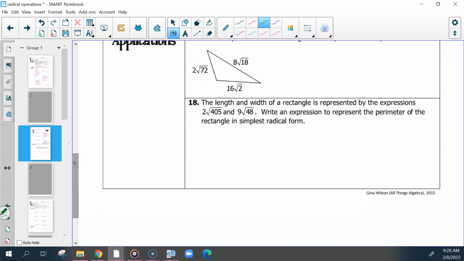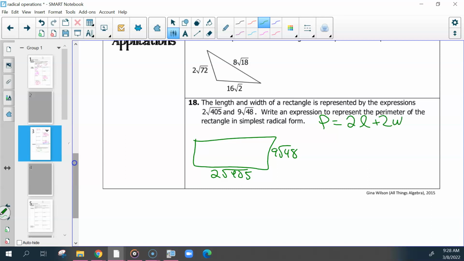One, they're only giving you 2 sides, so if I were to draw a rough sketch of this, you have to remember that there are 2 other sides, so you're going to be adding this up 4 times. Or, if you were doing the perimeter equation, you could multiply both by 2 once you simplify it. No matter what you do, you have to simplify it first. Okay, so let's do that.